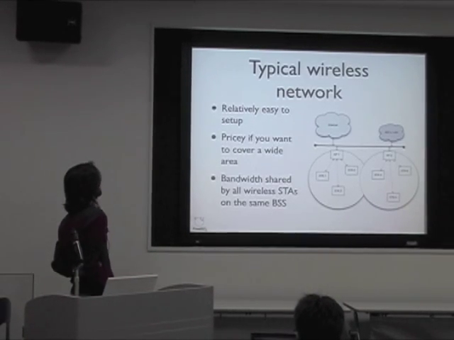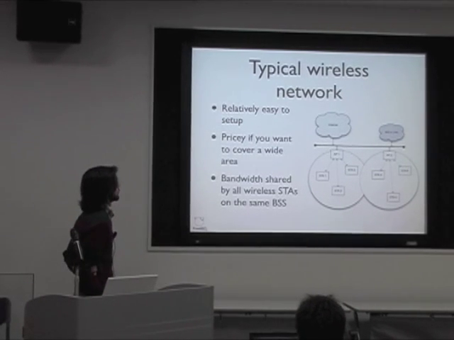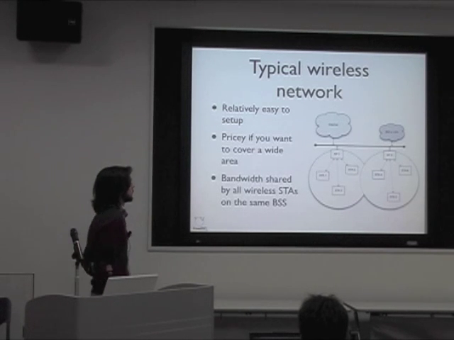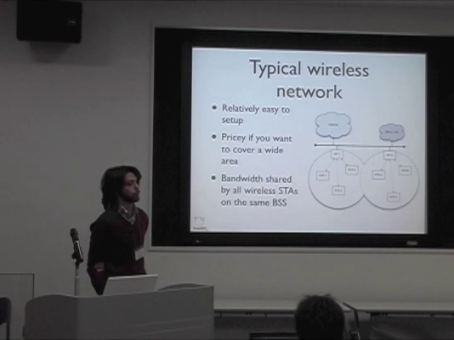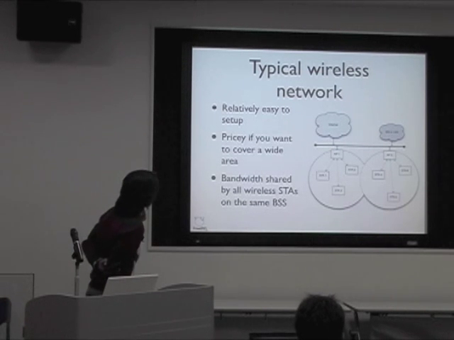So this is the most common wireless network setup, and it's actually the one used in this building. There are a couple of access points connected to a wired network, and then there are probably some routers in between.